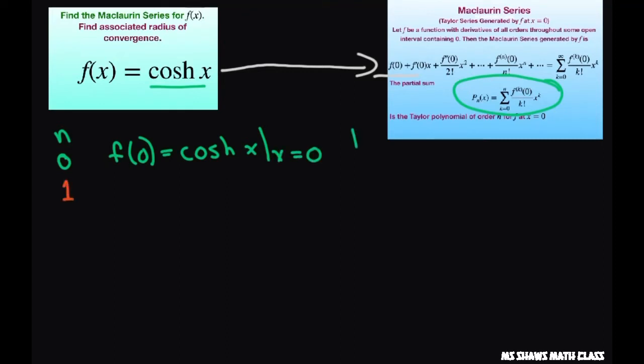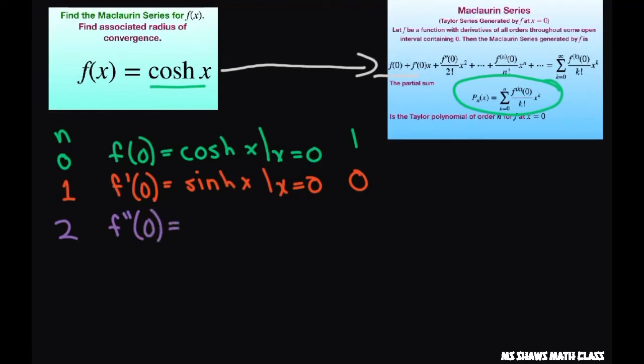So for n equals 1, we have f prime of 0. That's going to be hyperbolic sine of x evaluated at x equals 0, and that equals 0. And at 2, we have f double prime of 0. That's going to be hyperbolic cosine of x evaluated at x equals 0, which is 1.